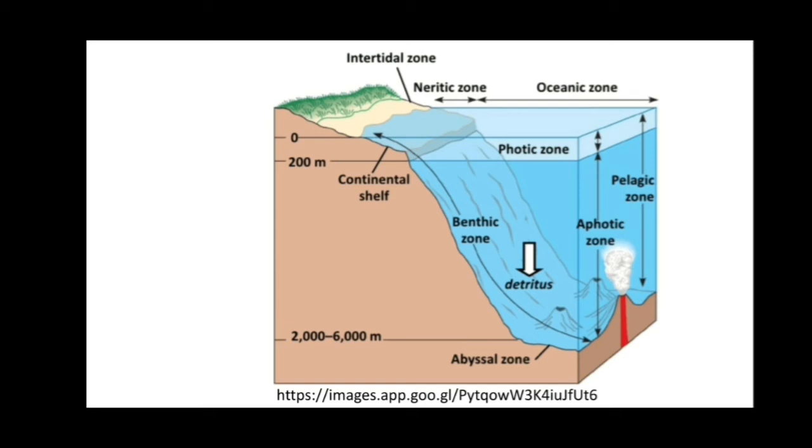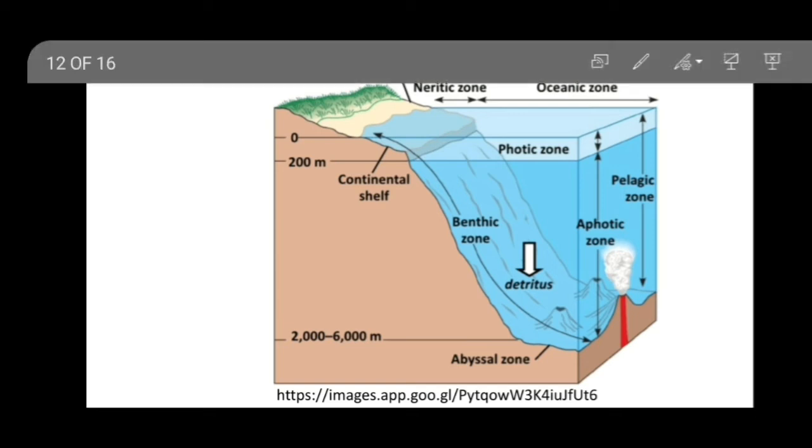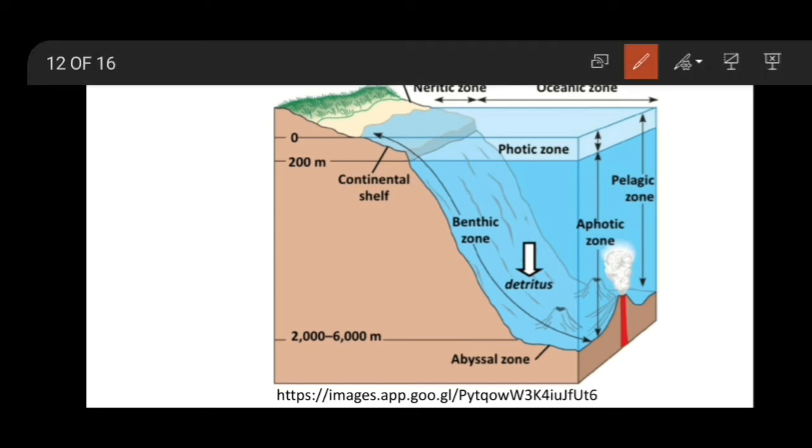Now the intertidal zone, neritic zone and the oceanic zone. You can see here the neritic zone is near the shore, and the oceanic zone is the deep sea zone. Again, the photic zone means where sunlight can reach. Now, the benthic zone. Benthic means the deep zone.